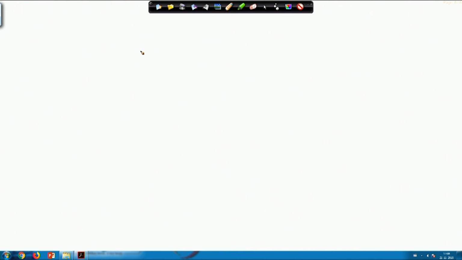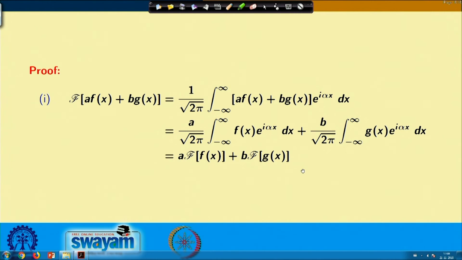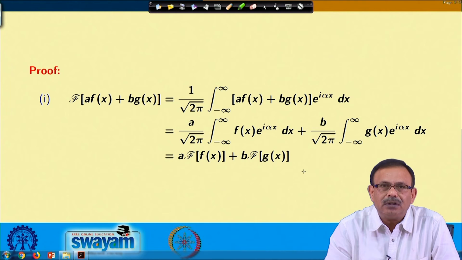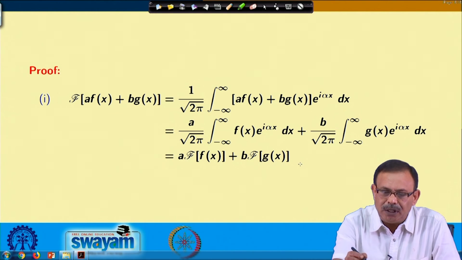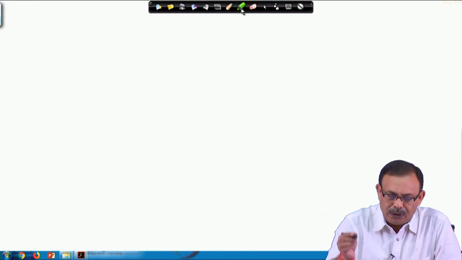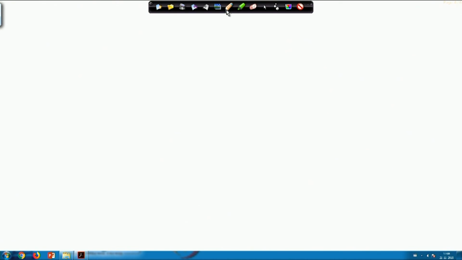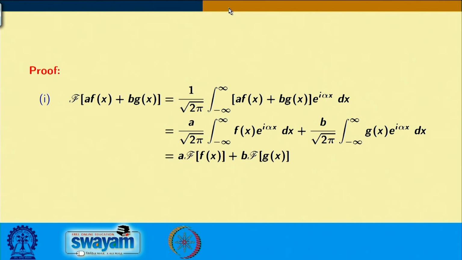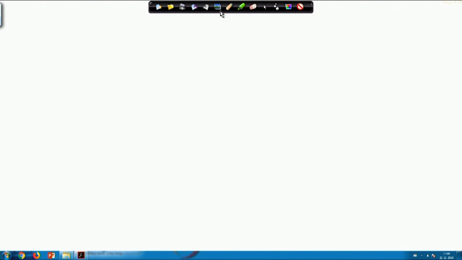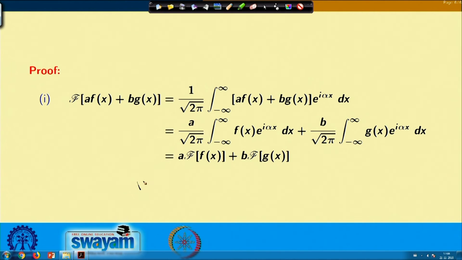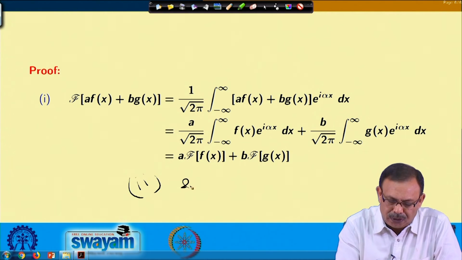In the same way, once we have done this, similarly we can prove the second and third properties also in the same way.